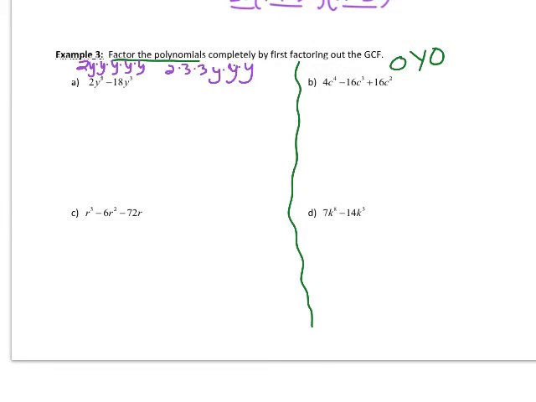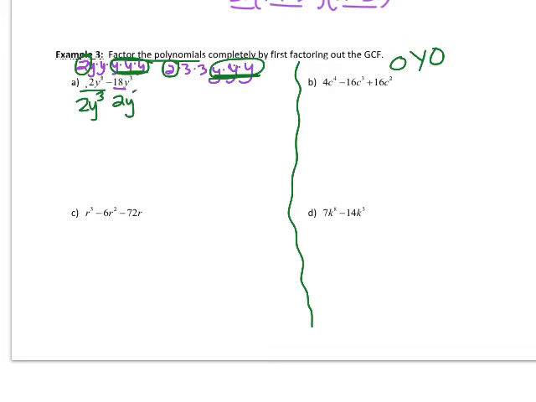All I did was break down the 2y to the 5th and 18y to the 3rd. So if I gather up the things that are alike, it looks like I have 3 y's here and 3 y's here. And I also have a 2 in common with the two terms. So I can say that my greatest common factor is 2y cubed because there are 3 y's multiplied together.